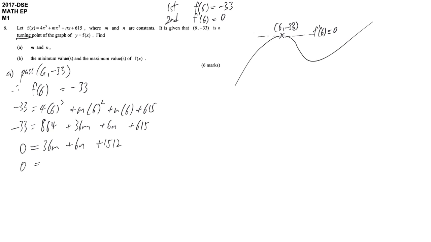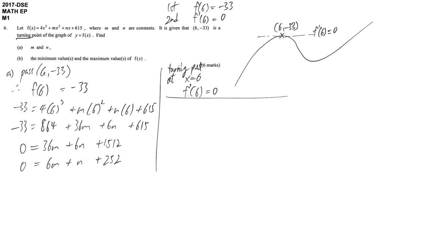To simplify, divide both sides by 6. Of course, if you use a calculator, then you just tidy up to the standard format. And the second thing is the turning point. At x equal to 6, f'(6) is equal to 0.